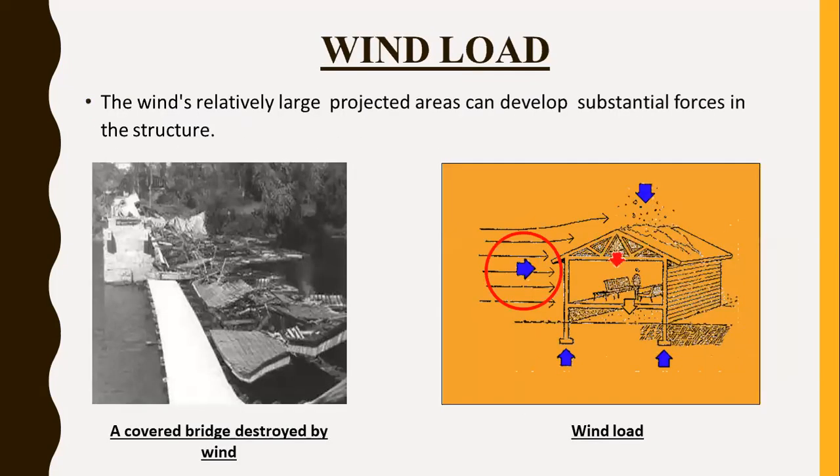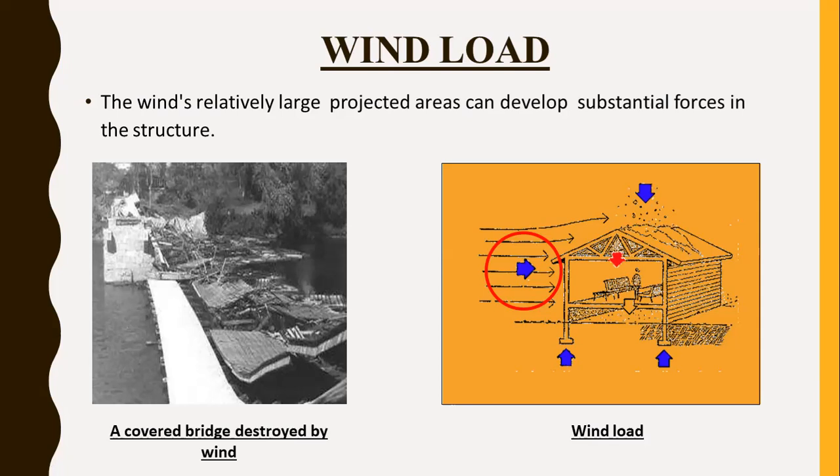Next one is wind load. The wind, with a relatively large projected area, can develop substantial forces in the structure. Here, for example, is a covered bridge destroyed by the wind. This bridge was destroyed by the wind. We don't know what happens in the future, so we get ready for any situation and consider the wind load in our design.